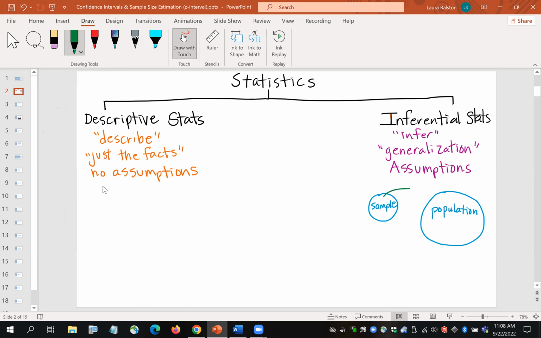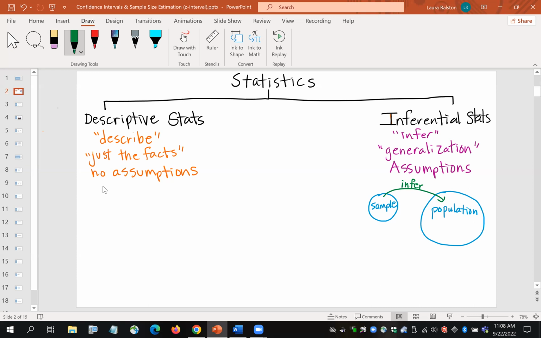I want to take what I learned and I'm going to apply it to the population so that I can say, since the average age of a GHC student in Miss Ralston's Stat 1401 class is 21 years old, then therefore the average age of a GHC student in fall 2022 is 21 years of age.